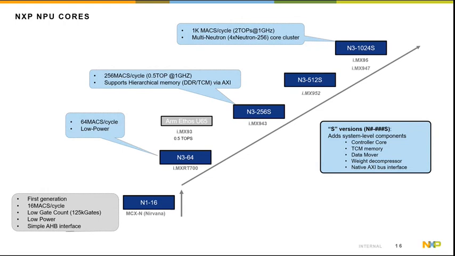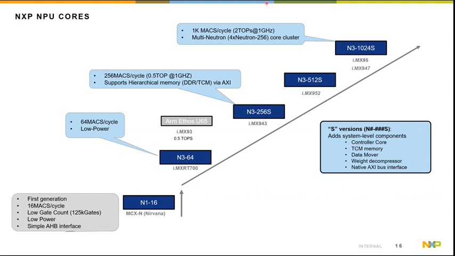This is what the roadmap looks like. We can see our first one here with the N1-16 on Nirvana, and then we'll have one on an N3-64, meaning it's a 3 series, so more complex and capable of faster processing, as well as 64 MACs per cycle on the RT700, and going up for the i.MX family. One of the other advantages of our architecture for the NPU is that you can group them together.